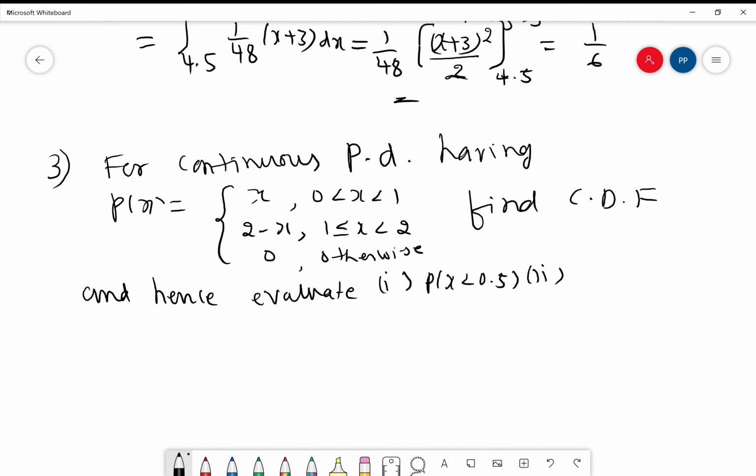Number 2, probability 0.75 less than x less than 1. And the third case is probability of x greater than 1.5.